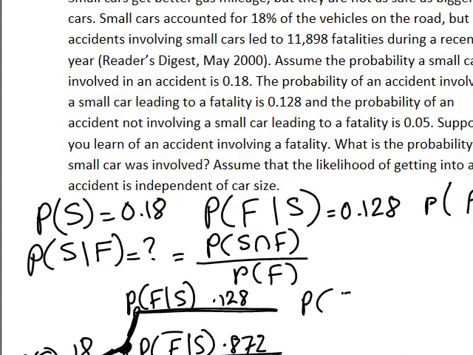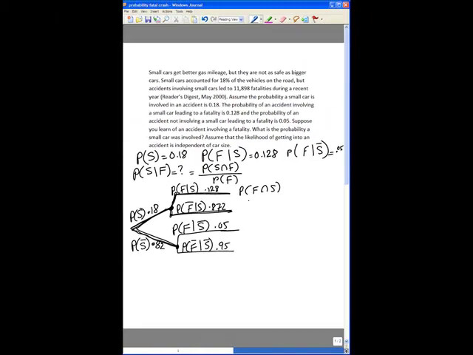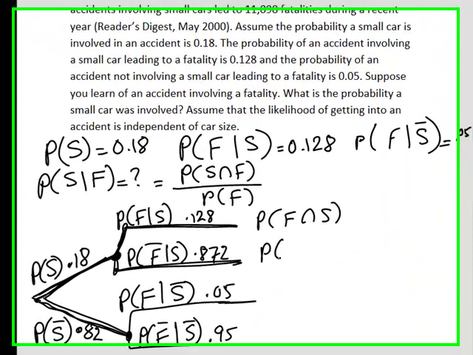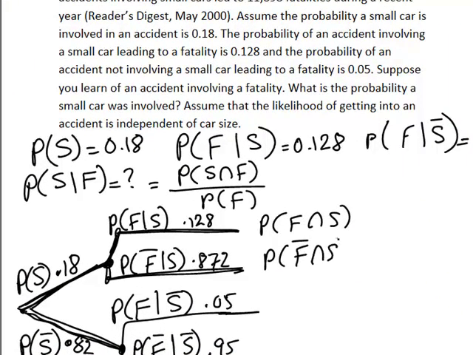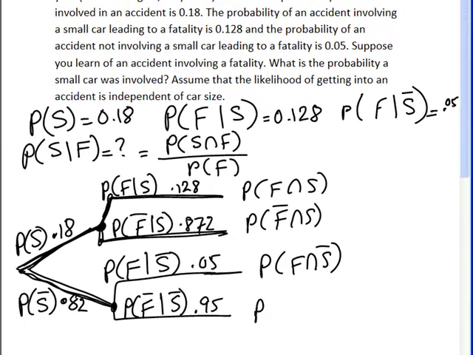This would be the probability of F and S. The way you can do that is by looking at the two events that are in the conditional probability. Here we have events F and S, and so you will put F intersect S. All right, then we have the probability of F bar and S, F and S bar, and F bar and S bar.